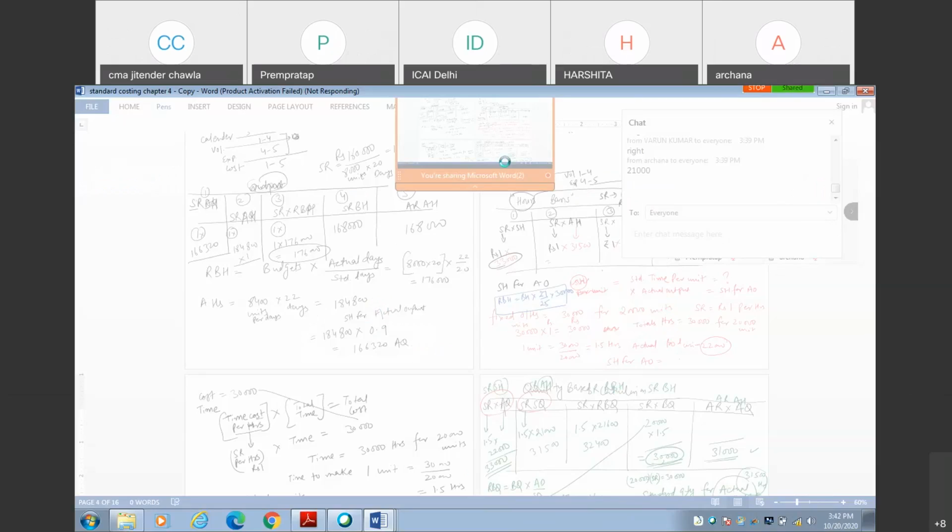Am I right? Please reply. Have you understood both of the tables? Both tables give you the same conclusions. So you calculated on the basis of quantity, you calculated on the basis of time.